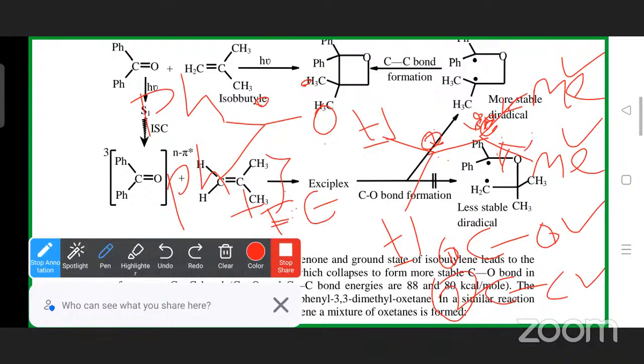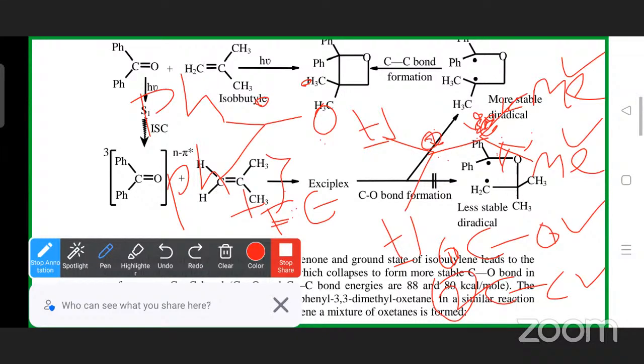By taking the electron from the two methyl groups, the electron density becomes more here, so it gets stabilized. So this radical is stable. Okay, so it won't combine with the oxygen.